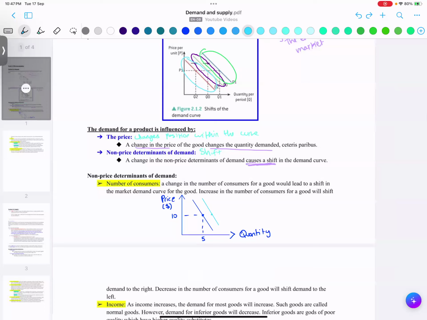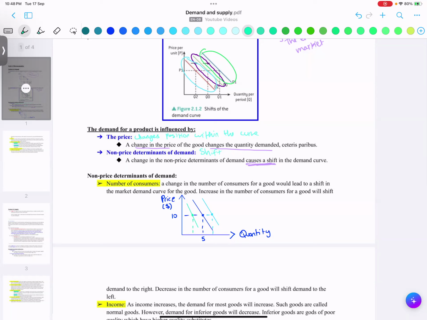Or actually, no, the price can stay the same. But here you just see a shift of demand. But if there are less customers buying, then you can see that demand will shift to the left.